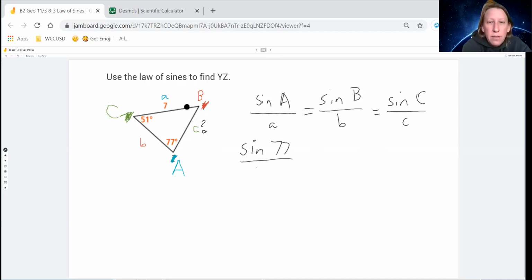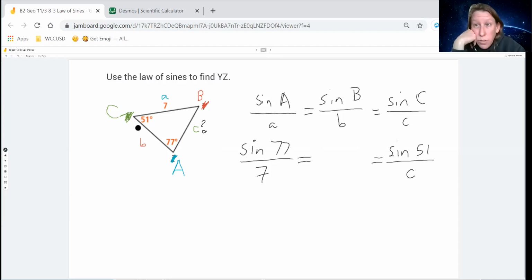It's 7. Okay, do I know the size of angle B? I kind of do. We talked about that. I could find that, but for right now, I'll leave it alone because we don't really have a lot of information between this relationship. But we do know the sine of a 51-degree angle goes with whatever I'm looking for.